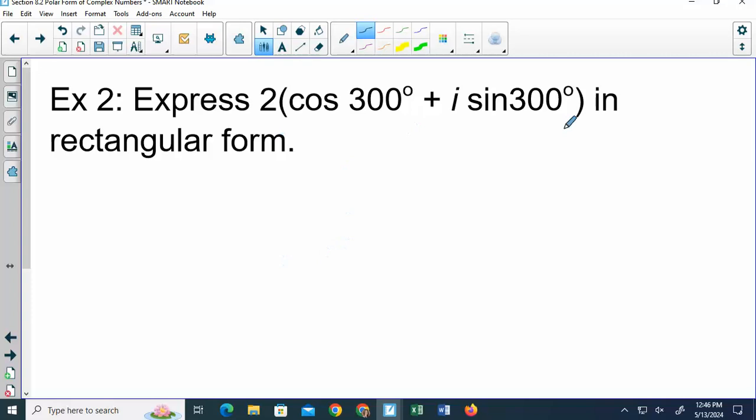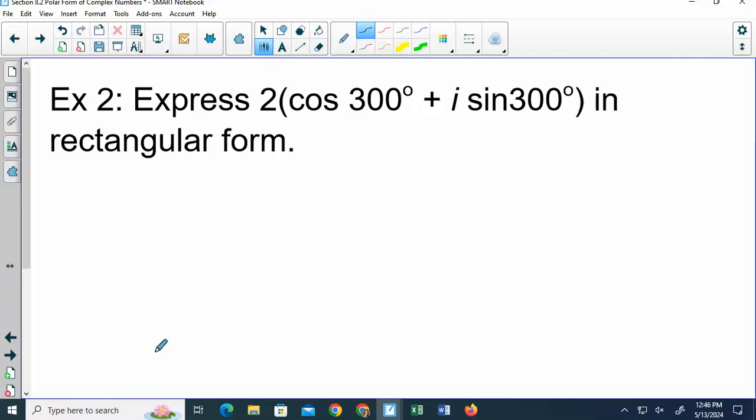So if I said, here's a polar coordinate, and I want to write that in rectangular form, that's what we're used to, how we typically see our complex numbers in standard form. So a plus bi is what I need.